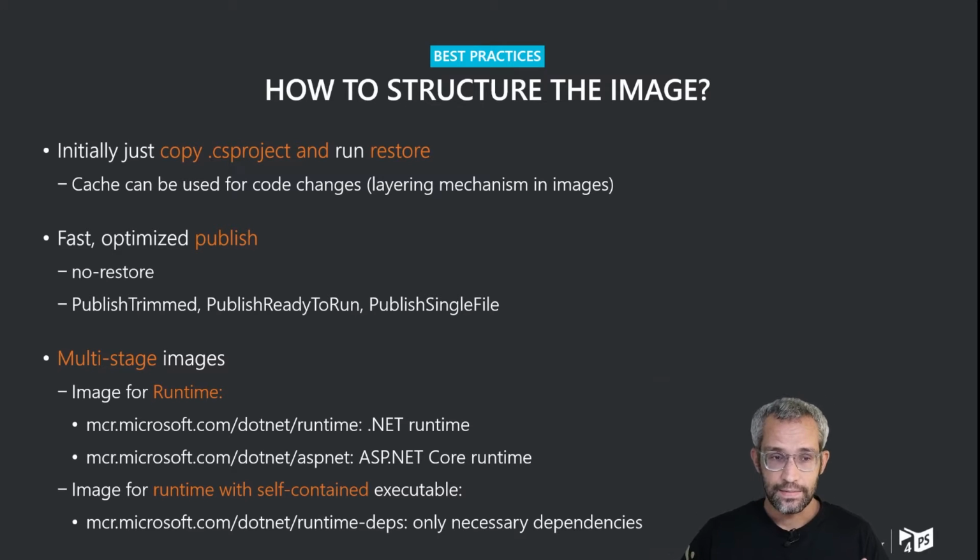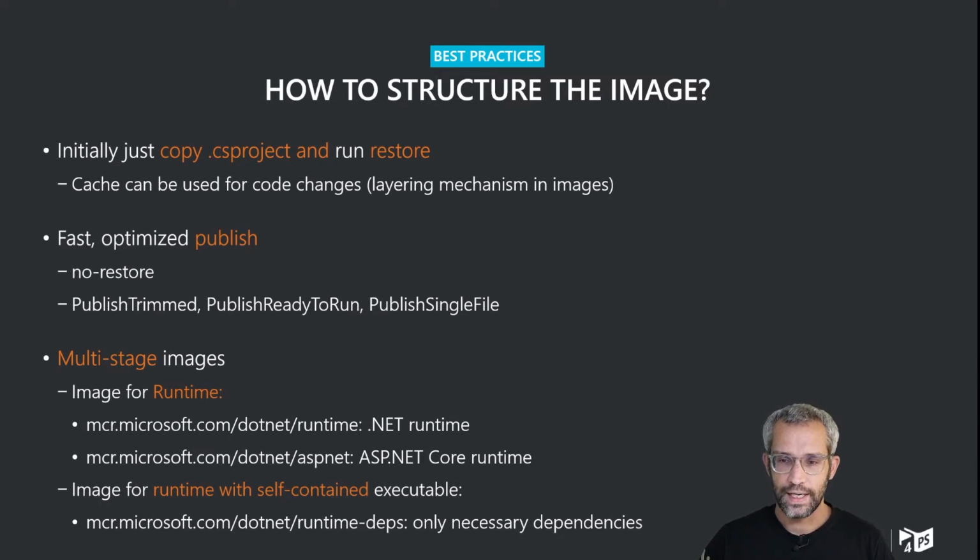And the last, and that's kind of the biggest step from a structural standpoint, is that we want to use multi-stage images. What does that mean? Now Microsoft is providing, as we've seen, the SDK for building the application, but we also have dedicated images just for running the application. For example, we have, as you can see here, the .NET Runtime image, which is available for the .NET Runtime.